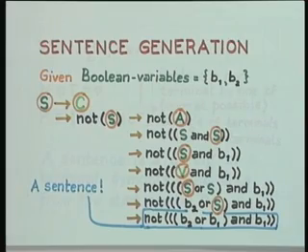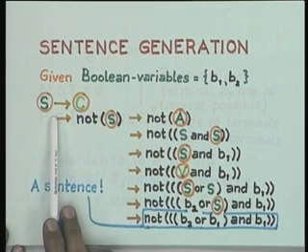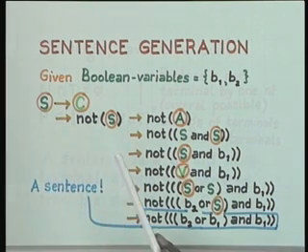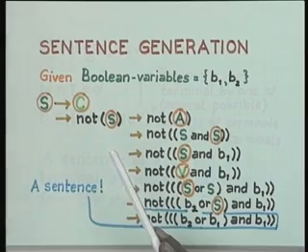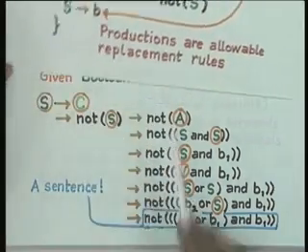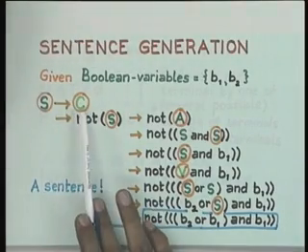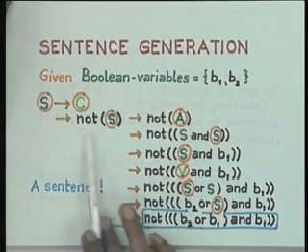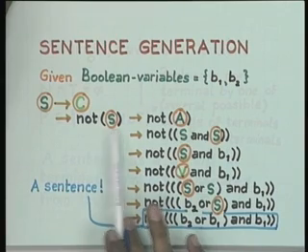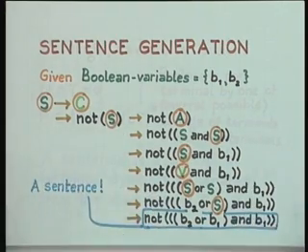So you start from S, and one of the possibilities is that you can replace S by C. Whatever I am replacing I have circled in orange. C has to be replaced by something of this form, and now I am replacing this S, leaving everything else intact.